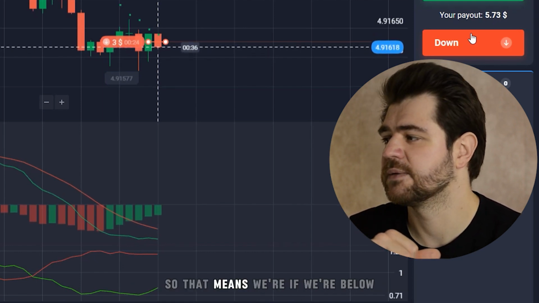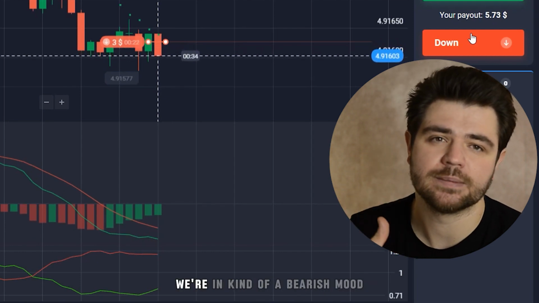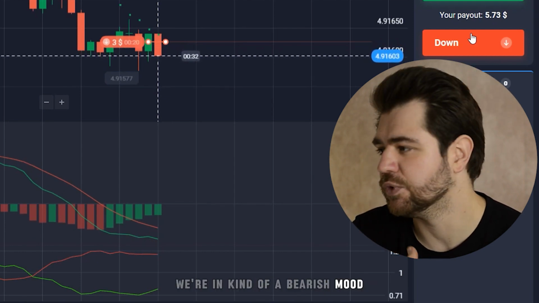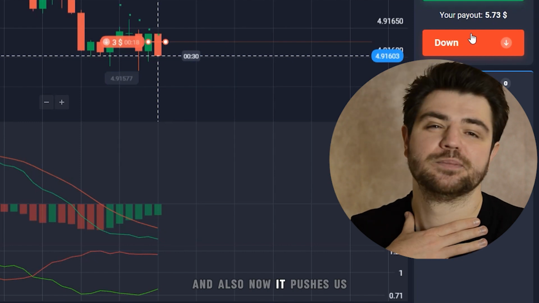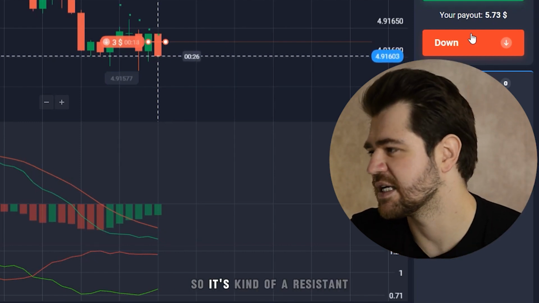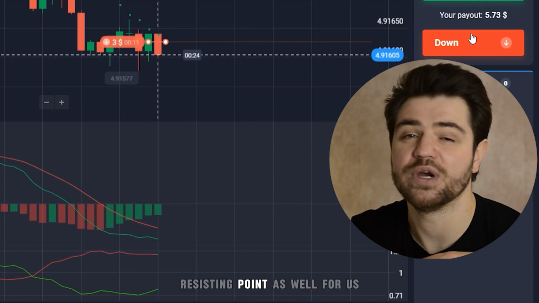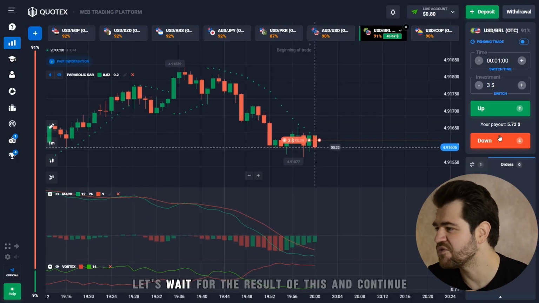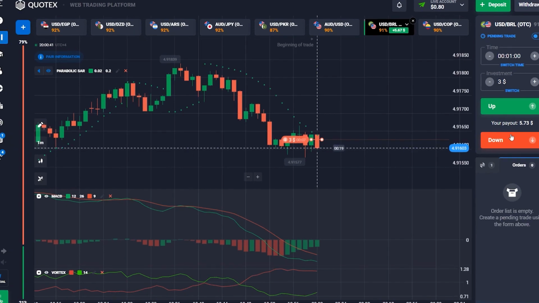So that means if we're below, we're in kind of a bearish mood. And also now it resists pushing it down as well. So it's kind of a resisting point as well for us. But yeah, let's wait for the result of this and continue.